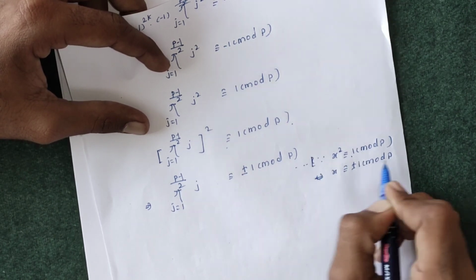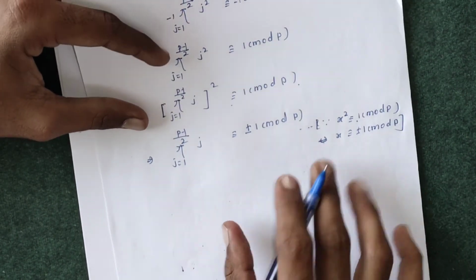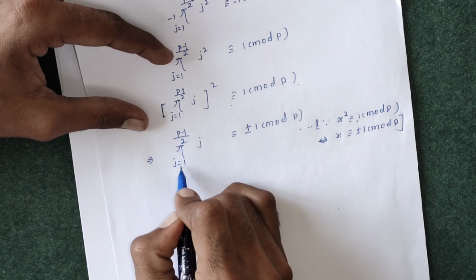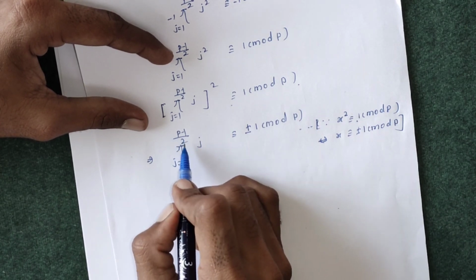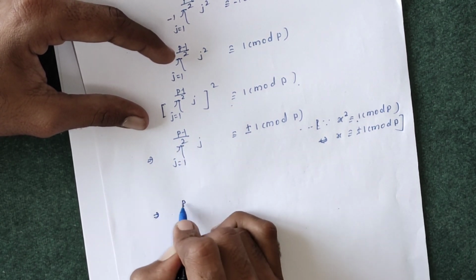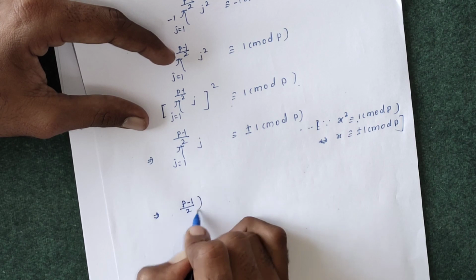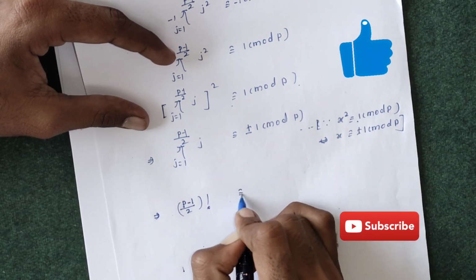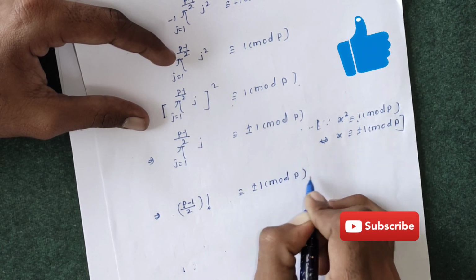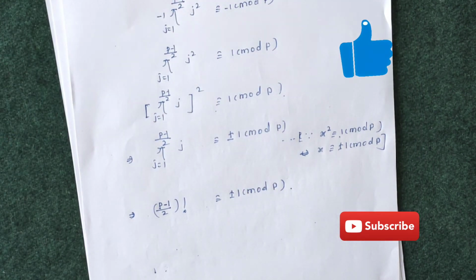So, using this result we have this. If we run this product j running from 1 to (p-1)/2, that is the product of the first (p-1)/2 positive integers, which is our ((p-1)/2)!, which is congruent to plus or minus 1 under modulo p. Hence, the solution.